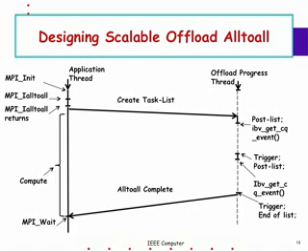Here it is trying to show in a pictorial manner how we went ahead with designing the scalable offloaded all-to-all. On the left-hand side there's an application thread, and we have designed an offload progress thread. After the MPI init, the application does the MPI all-to-all, and that creates a task list and then posts it to the offload progress thread.